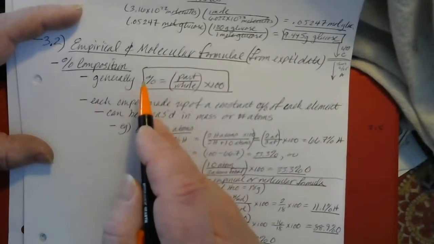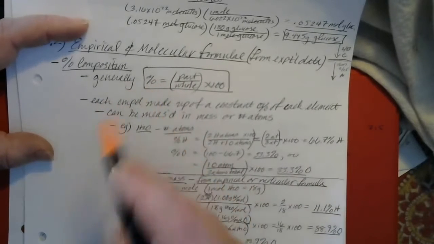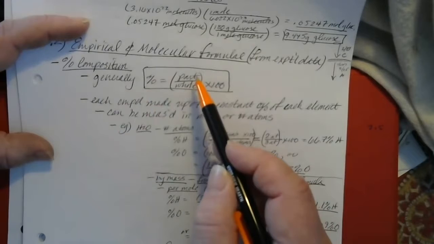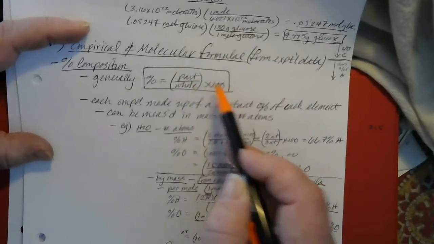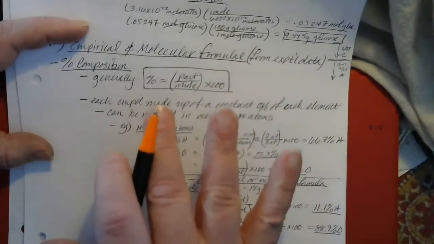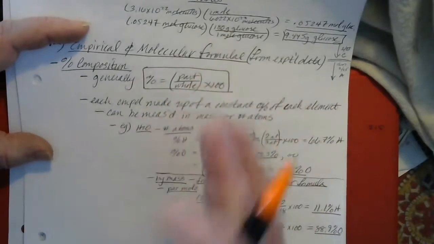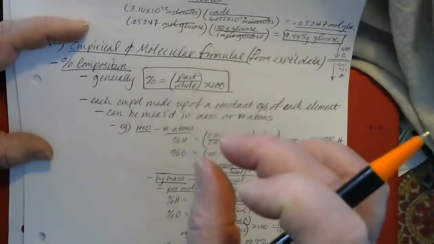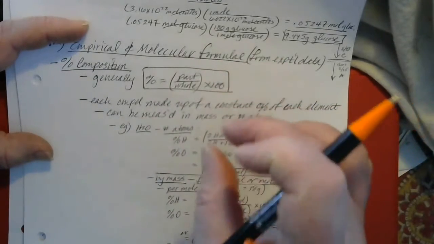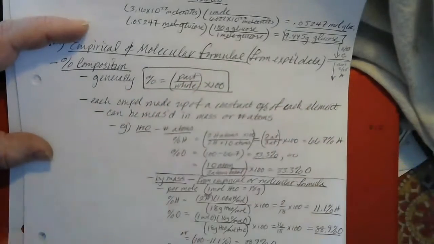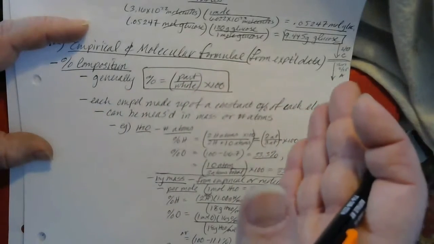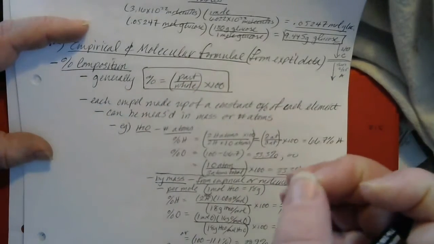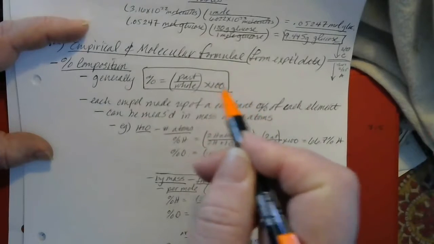Generally, a percentage is thought of as the part you're interested in over the whole thing times 100. So the portion over the whole times 100 means the part that you're thinking about divided by the whole thing, whether you're dealing in units of mass or volume, and then you multiply that by 100.